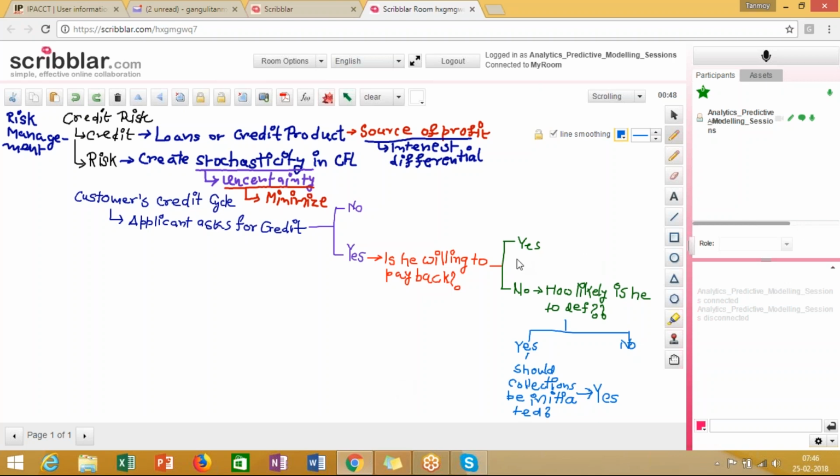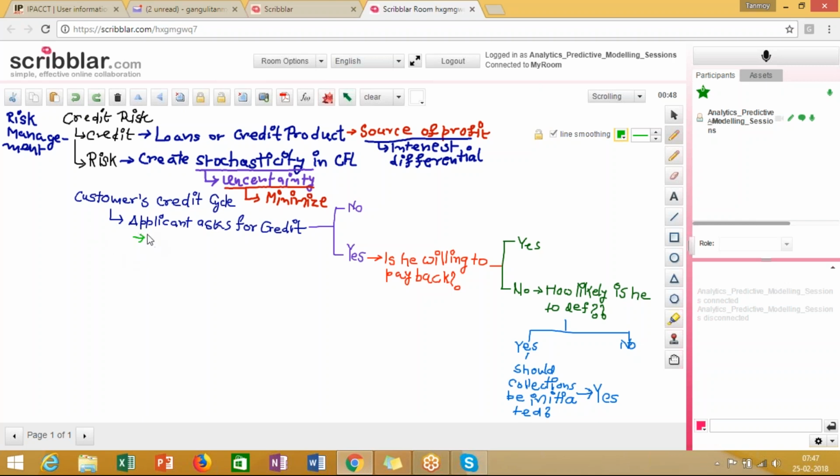Great. Now the next part and the most important part is that the questions or the business problems that we pose at each stage are addressed by credit risk models, right? So at this first stage, the applicant asks for a credit. So what are the business questions that the bank will pose?